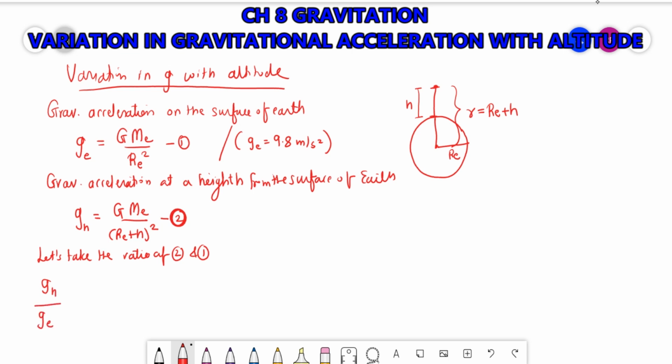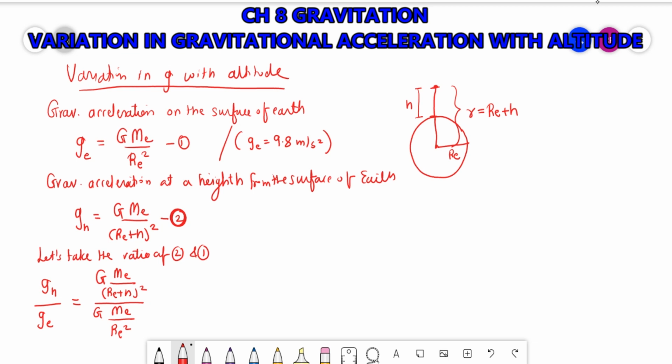I want to find the gravitational acceleration at height h, so I'm putting Gh in the numerator. That will be equal to G ME upon RE plus h whole square, upon G ME upon RE square.